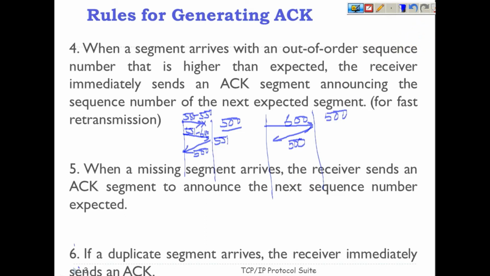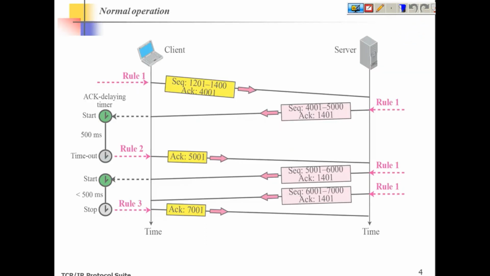So we'll see some examples. This is one example. We can see the client and server. The client is sending data with sequence numbers 1201 to 1400, and an acknowledgement is sent to the server. That means the client has already received data bytes up to 4000, and now it is saying that it needs 4001.